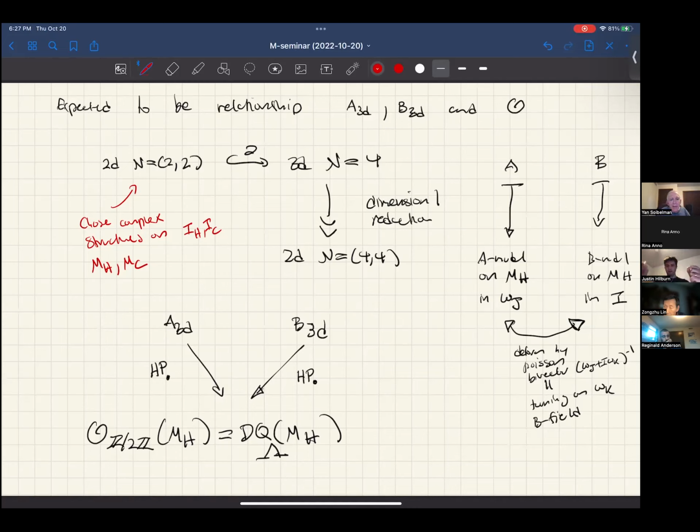And basically those things are the HP of both the A and the B twist. Both of them, if you decategorify using the HP, you land on the DQ modules. Okay. All right. So basically if you look at the whole cyclic homology, it does this deformation. Yeah. Okay.